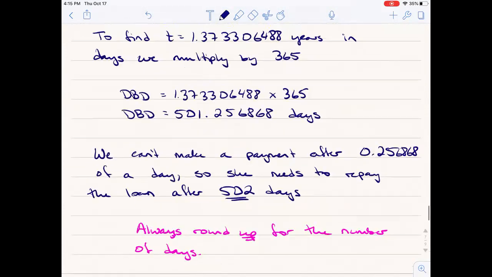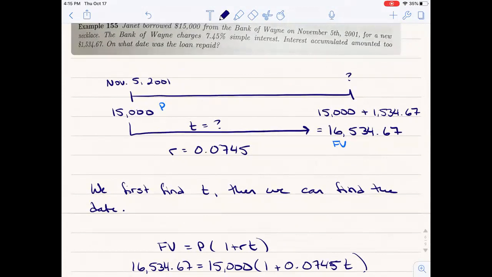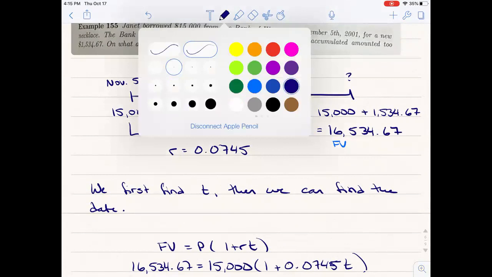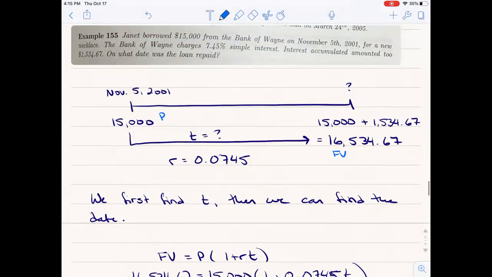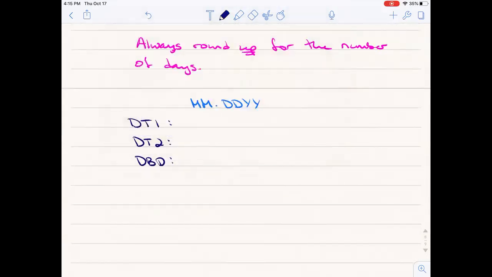So date 1 we know is November 5th, 2001. So November is 11.0501. We can make a note to ourselves kind of anywhere.